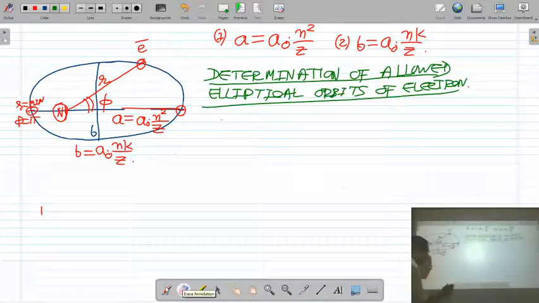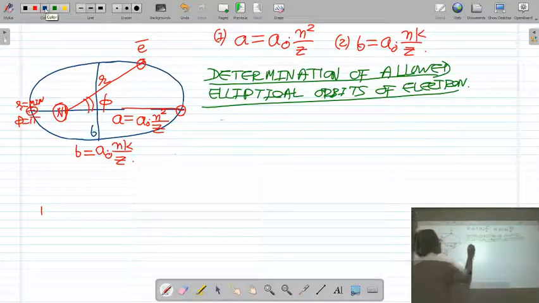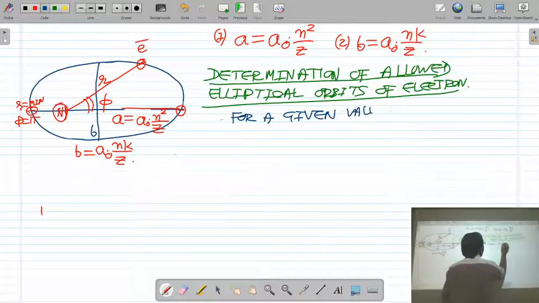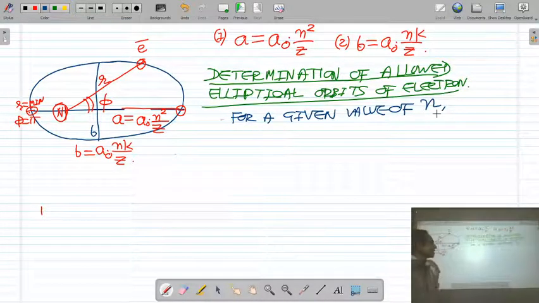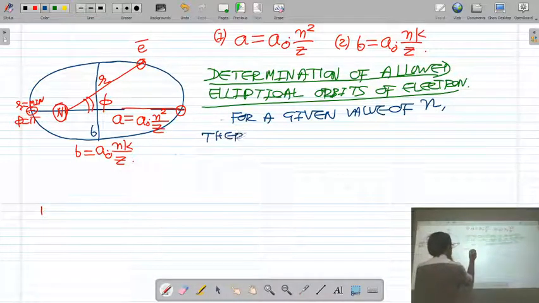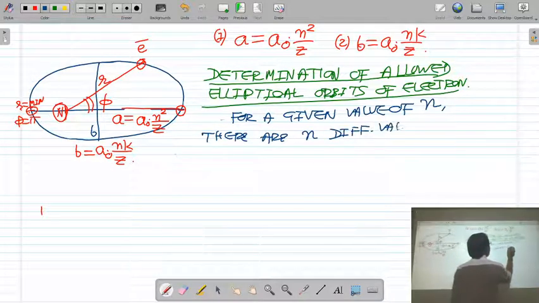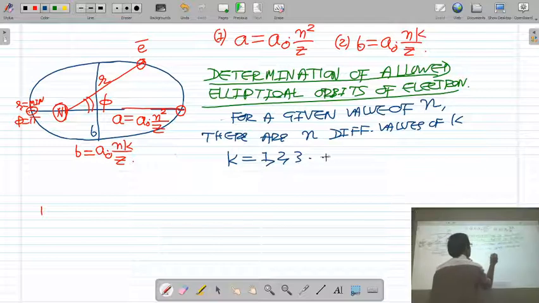Now, one piece of information: according to the theory, for a given value of the principal quantum number n, the theory predicts that there are n different values of the azimuthal quantum number k: 1, 2, 3 up to n.